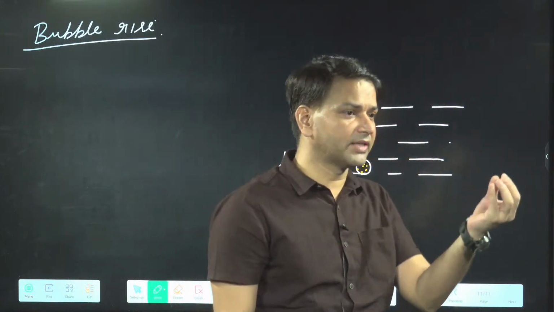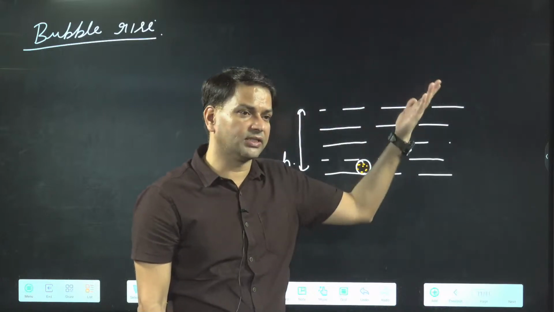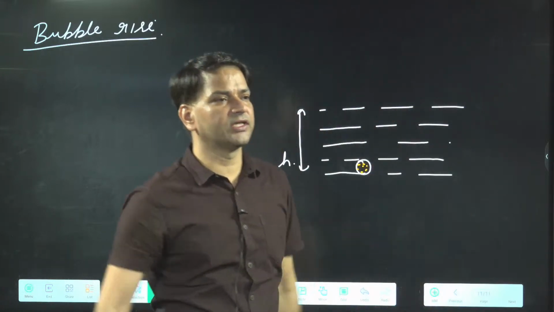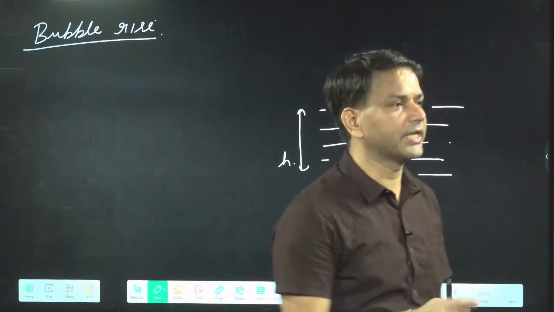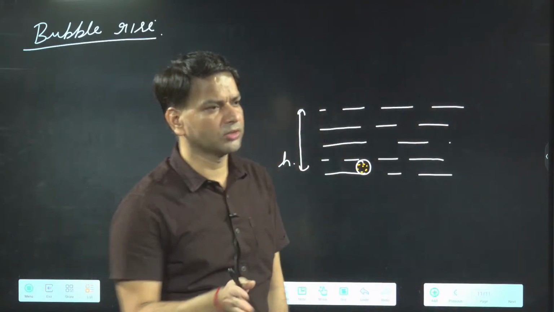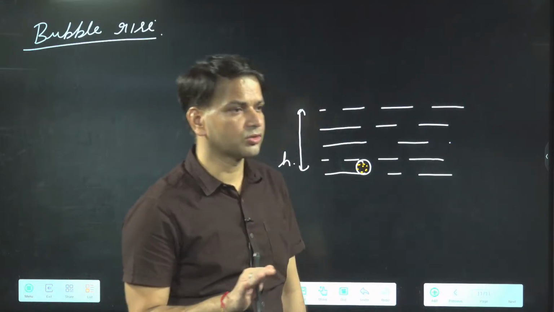Only the same air is expanding into more volume. So as it is rising, pressure decreases, volume increases. So they will ask when it reaches the top, what will be the volume, what will be the radius. So this is the application of Boyle's law, because the surrounding temperature we are considering constant. Understood or not?